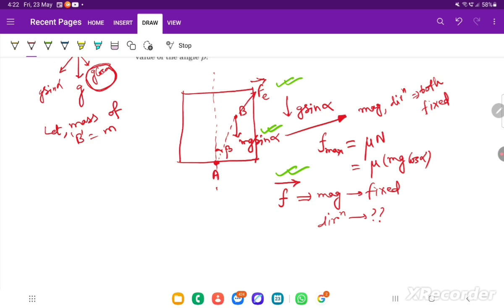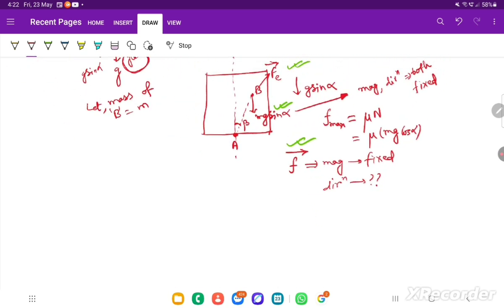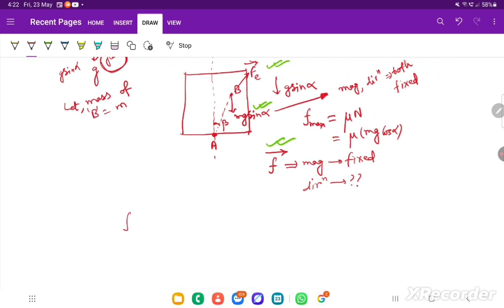So let's write the vector equation: friction plus electrostatic force plus, let's say F1 is the mg sin alpha force. Its magnitude I should write like this. This force I'm writing as F1. Okay, so these three forces will sum up to a null vector, not zero, to be technically correct.